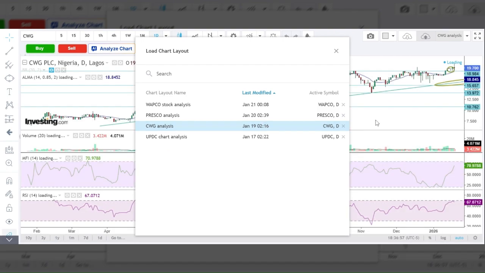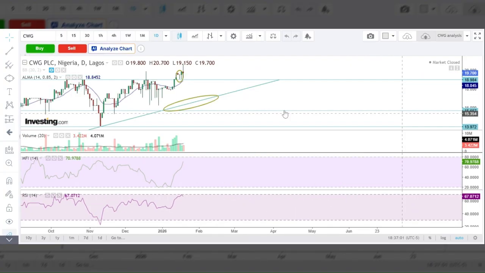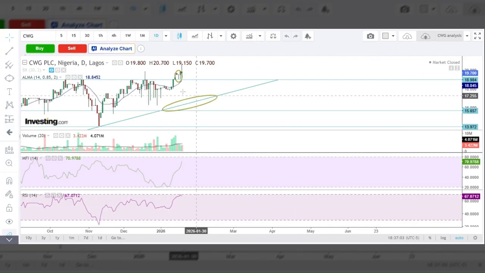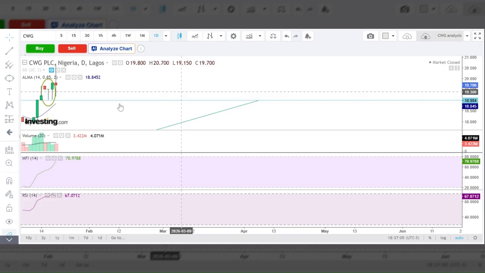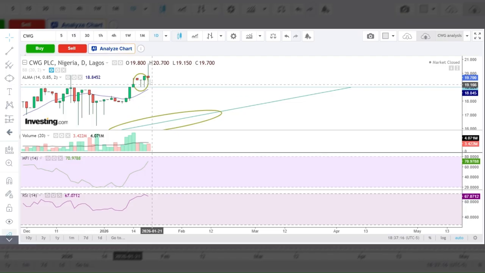So today at CWG, this is still our signal area where we gave our signal last time. As you can see, the market is playing around this area, CWG.